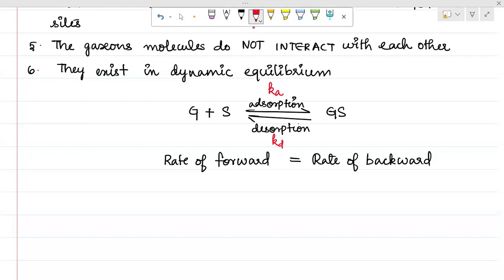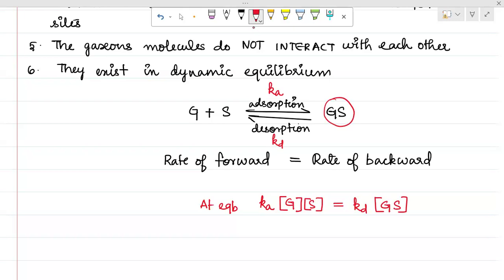So at equilibrium, for the forward process, Ka is the rate constant for adsorption into the concentration of the reactants, G into S. And for the backward, it is the rate constant for the desorption, and desorption happens to GS. This is how it is.